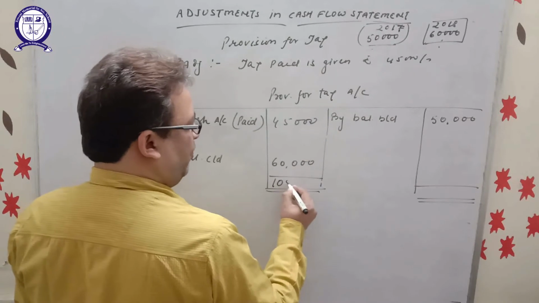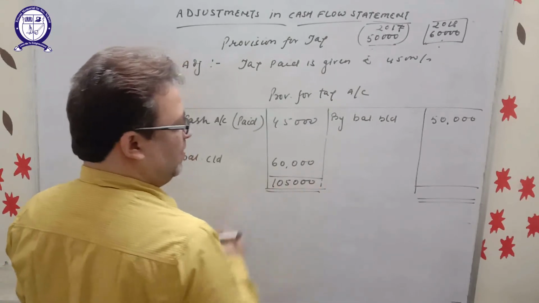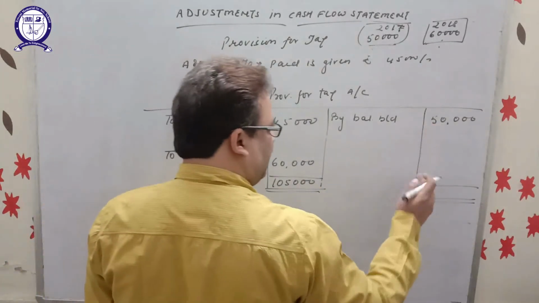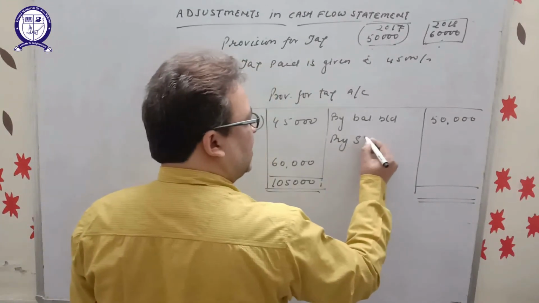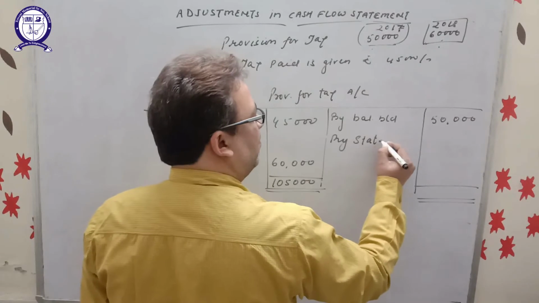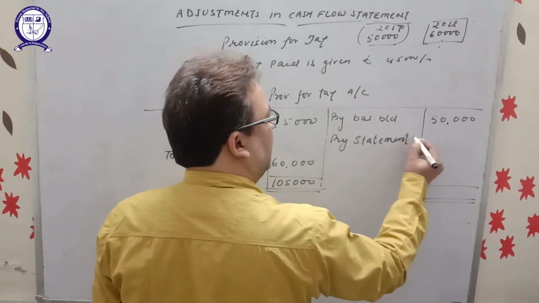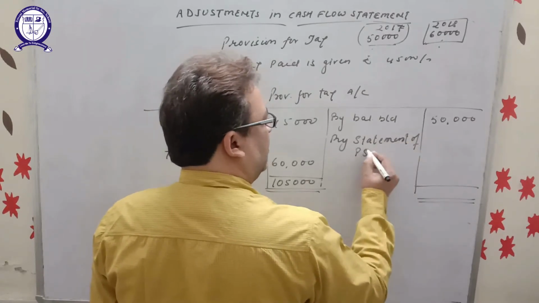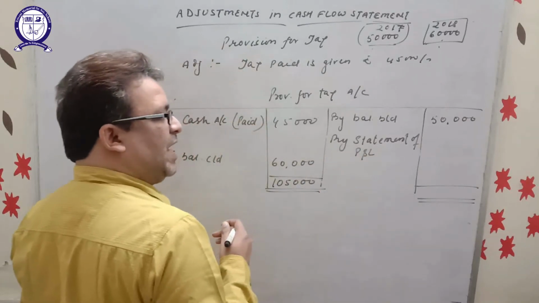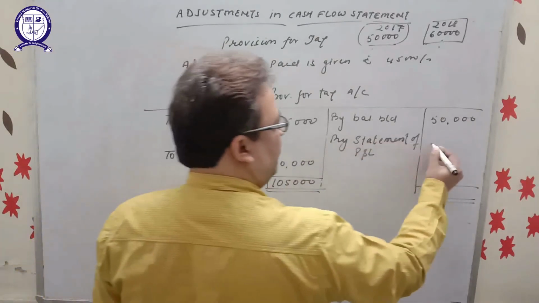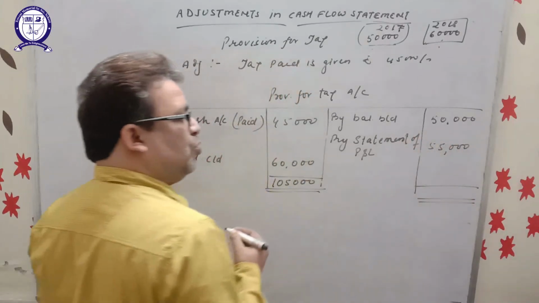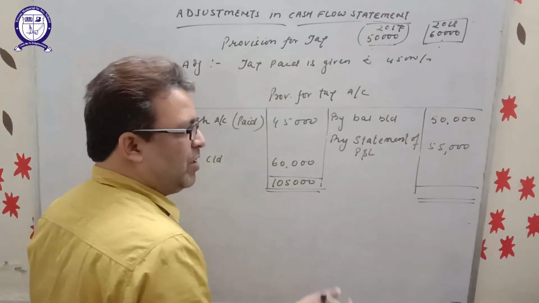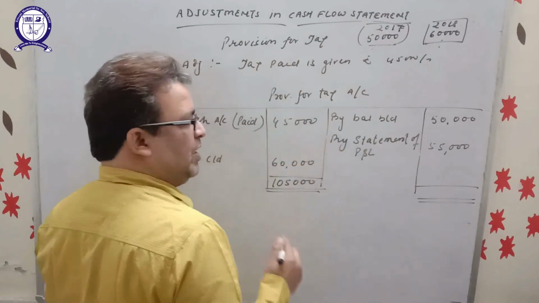Now the total of the debit side is 1,05,000 and the total of the credit side is 50,000. The difference is provision for tax made during the year, by Statement of P&L. That means we have transferred 55,000 to the provision for tax account out of profits during the year.